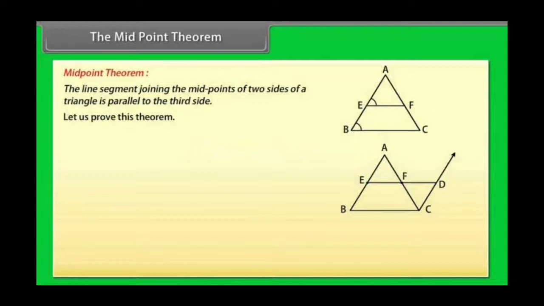One more time. In a triangle ABC, if E is the midpoint of AB and F is the midpoint of AC, the line segment EF is parallel to the third side BC. Okay, that's the theorem. Then we have to prove that one.